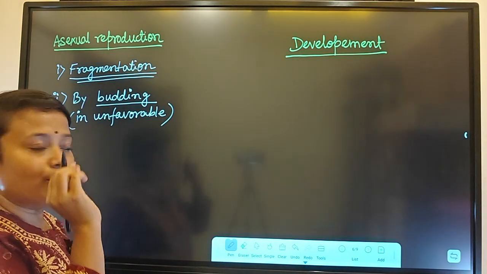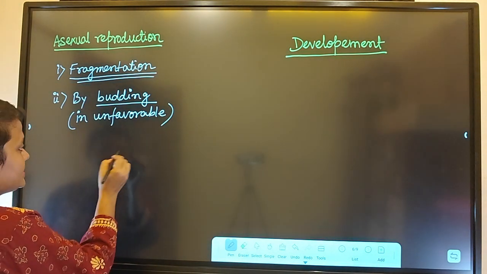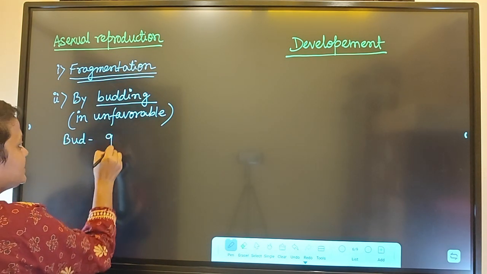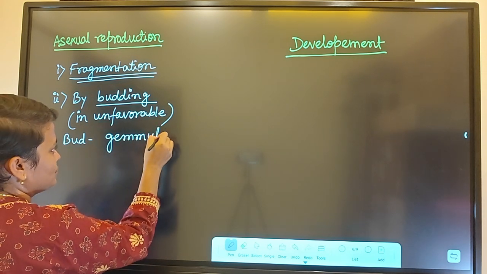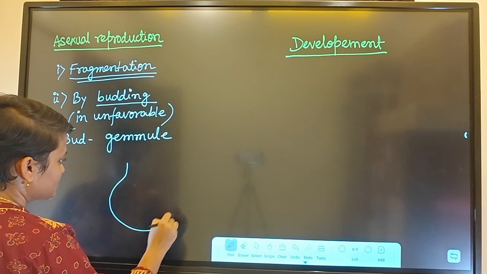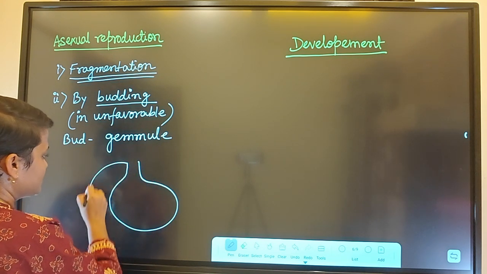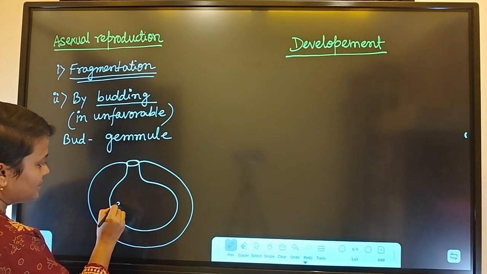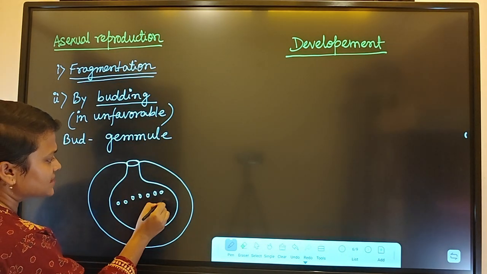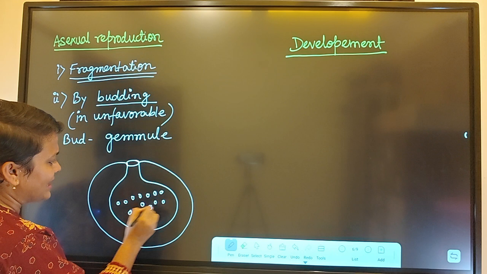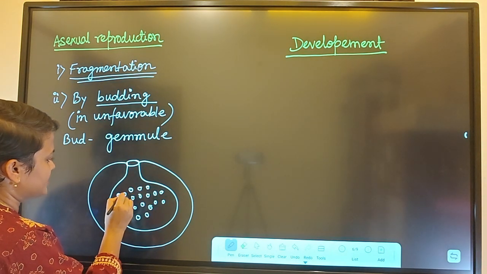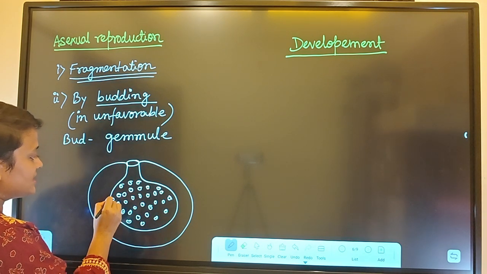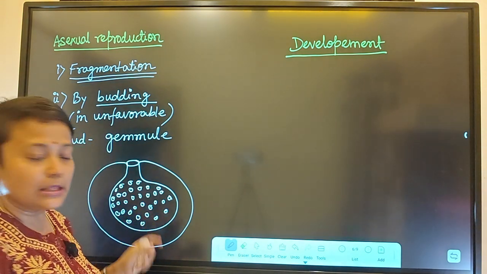This small bud is filled with cells. Which type of cells? I told you the mesohyl has archaeocytes which are totipotent, meaning they can develop into a new organism. The archaeocytes will divide and be there in the bud.